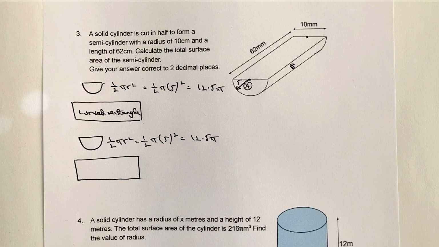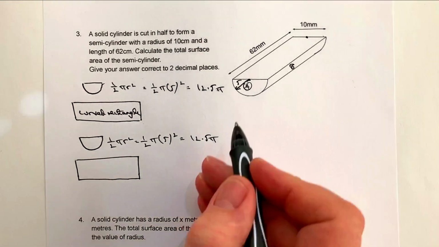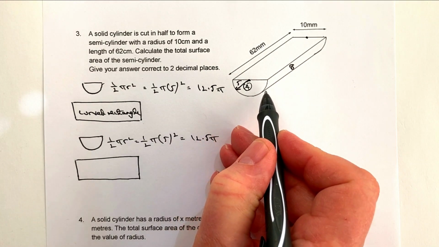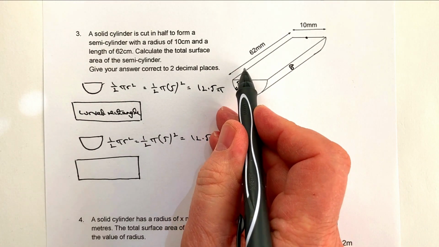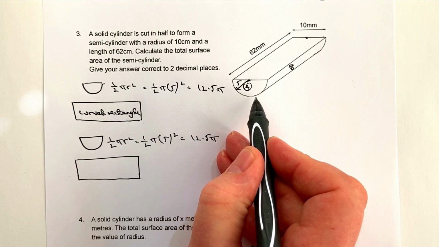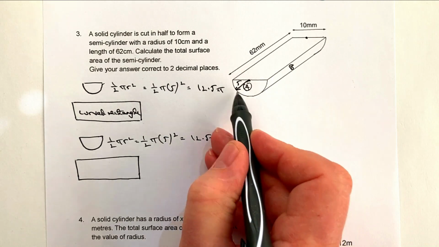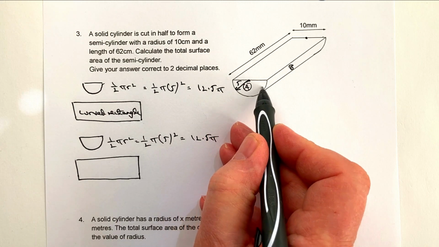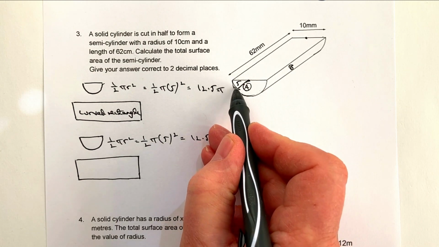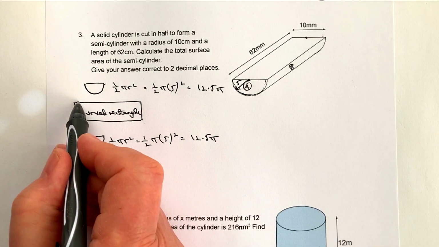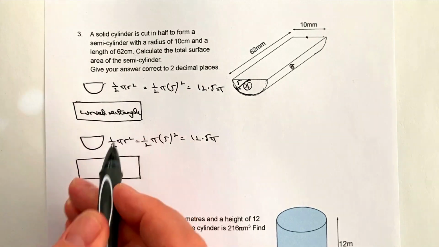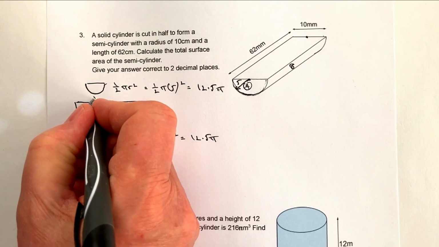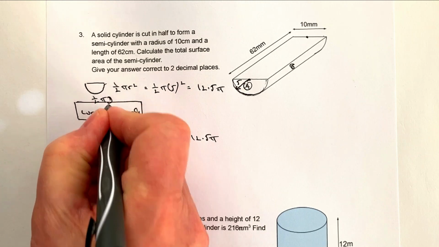Okay, so let's have a look at the curved rectangle. Now, again, you recall that if it was a full circle, then the perimeter of the circle is pi d. Well, we've only got a half of it, so this length along here, which is going to be this length along here, is going to be a half of pi d.